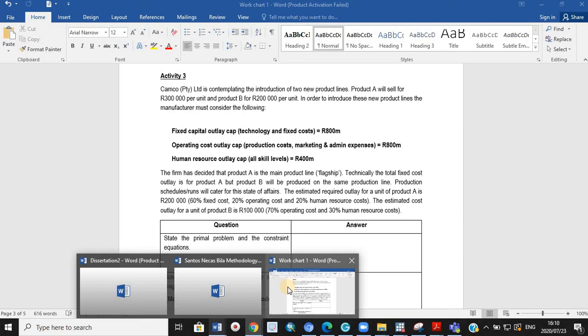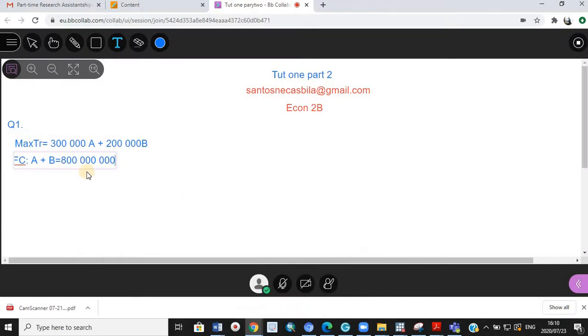That means we just need 60% of the 200,000 fixed cost, right? So if you put it in your calculator, this should give you 120,000. Okay, let's move forward.